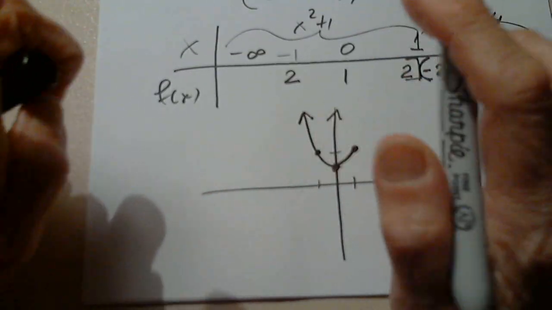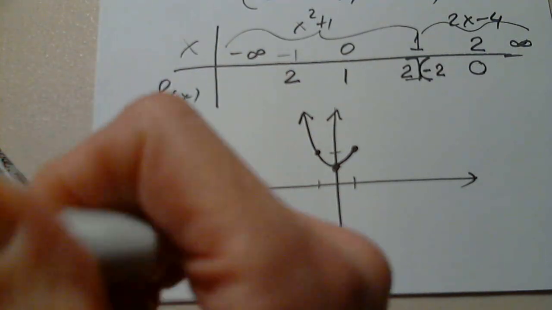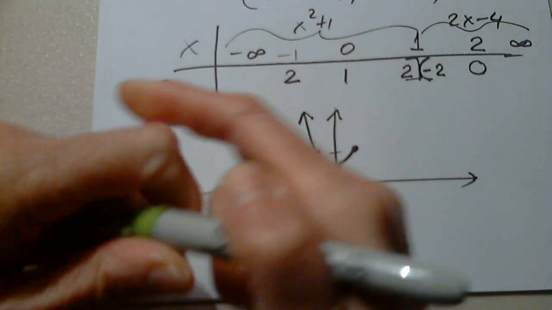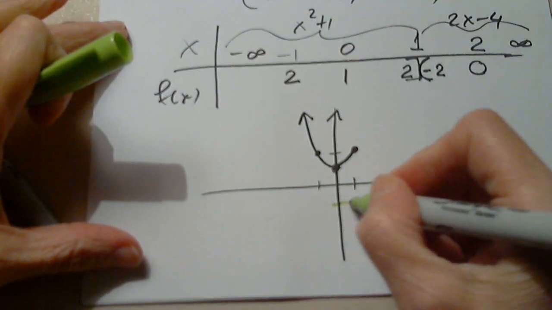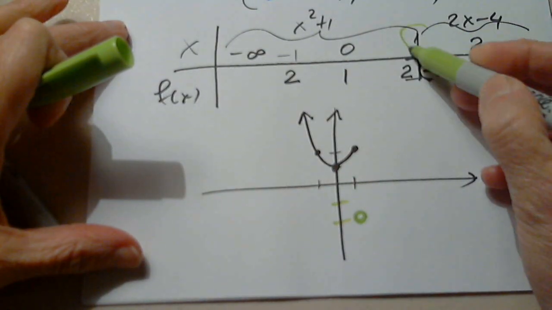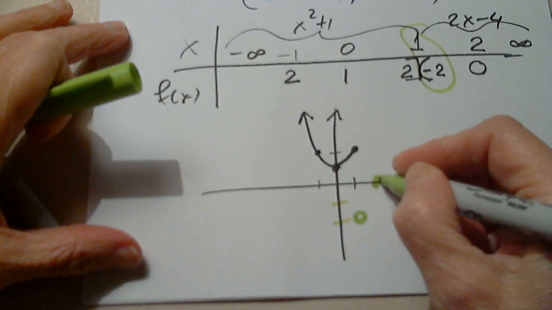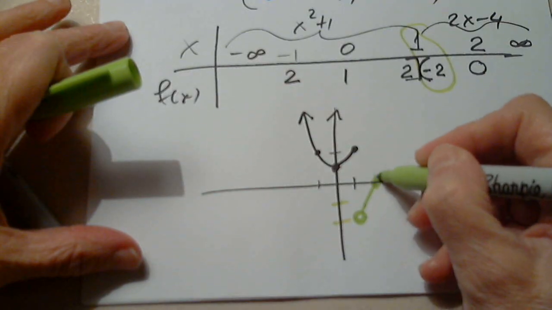I'm going to use a different color. You don't have to do this on the test, but I'm making a point. 1, negative 2 is here, and it has to be an open point. And 2, comma 0 is this, and this is a straight line.